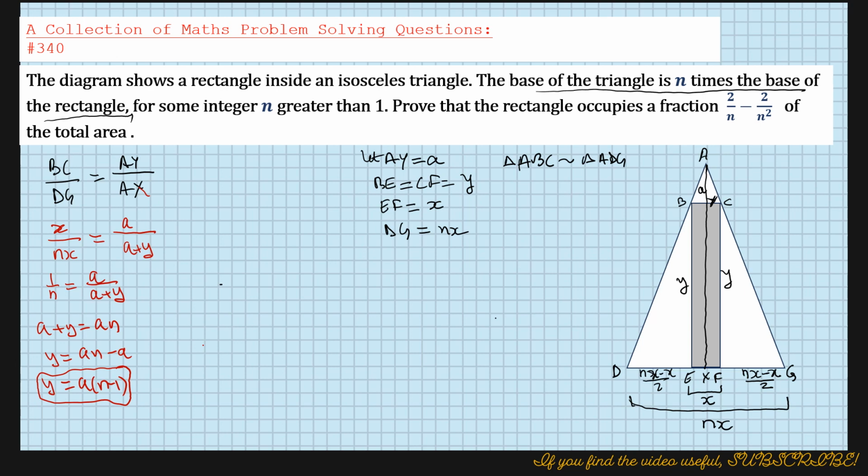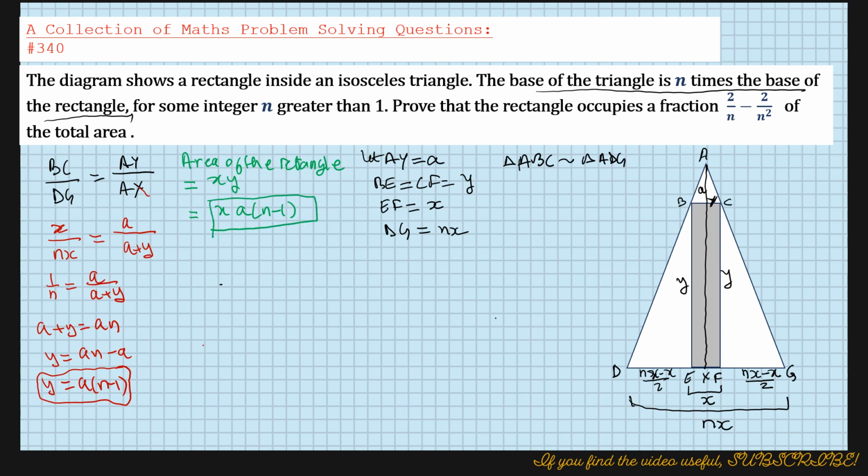So the area of the rectangle equals xy, and that equals x times a times n minus 1. Okay, so xa times n minus 1, this is the area of the rectangle.